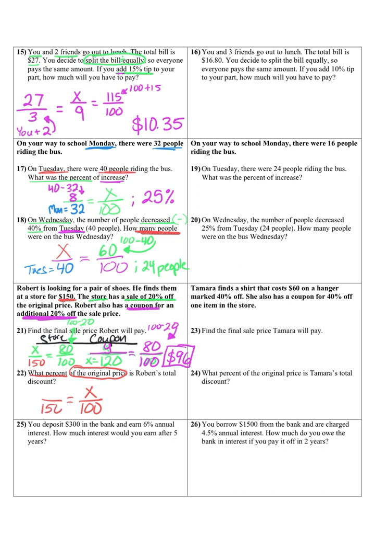It was $150 for the shoes normally. But then it's asking me a particular question about his discount. It's saying, what percent of the original price is Robert's total discount? Do you know what that's just saying, you guys? How much did he save as a percent?